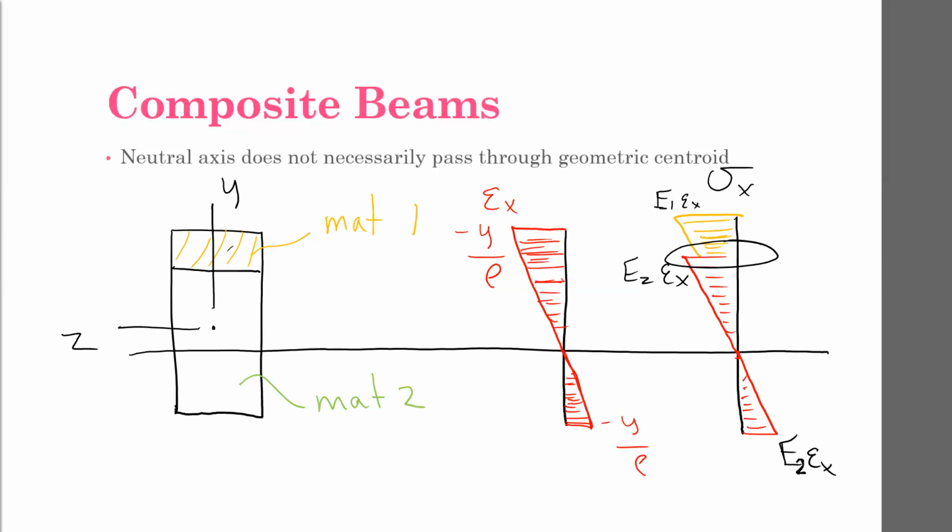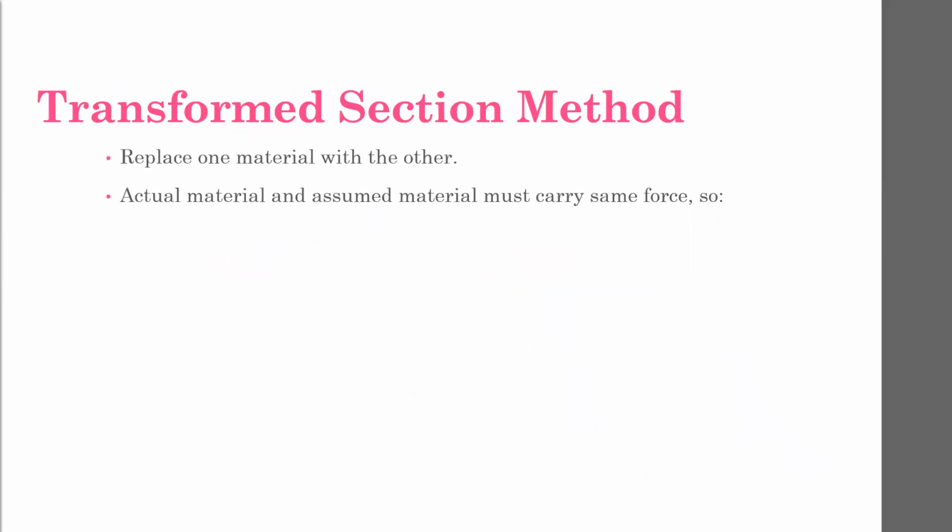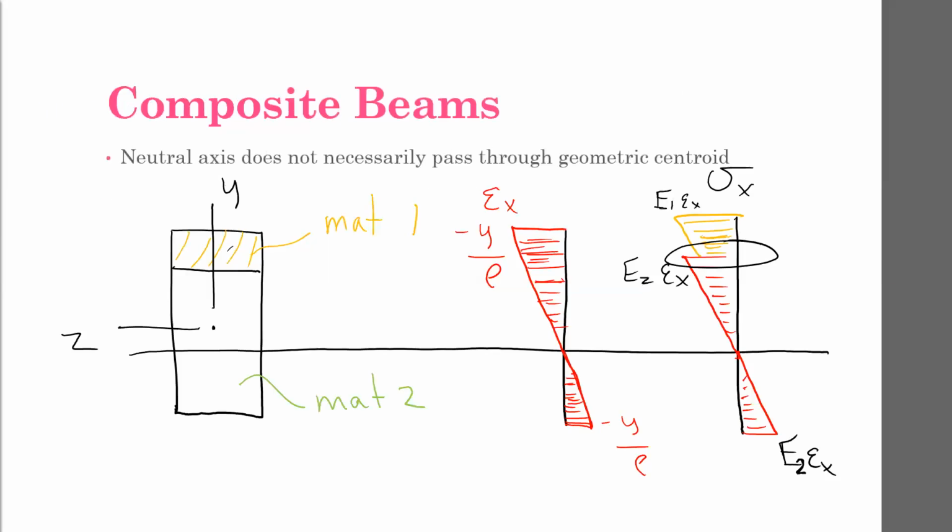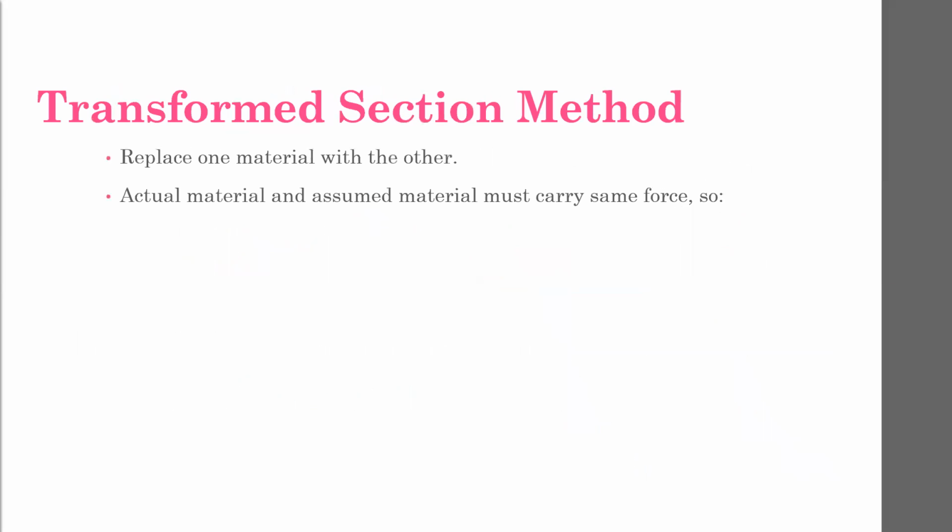Okay, so in order to analyze these, we do what is called the transformed section method, where we replace one material with the other. What does the negative y over rho mean? That's the equation of strain.